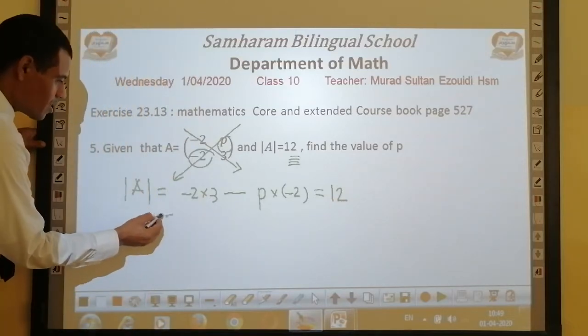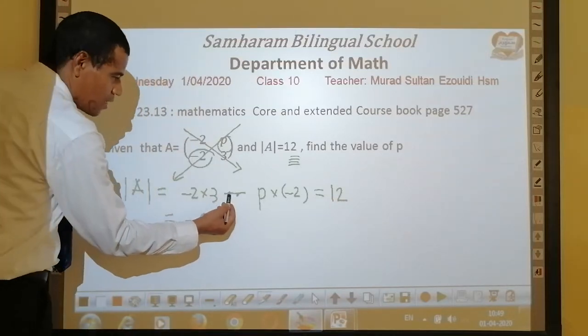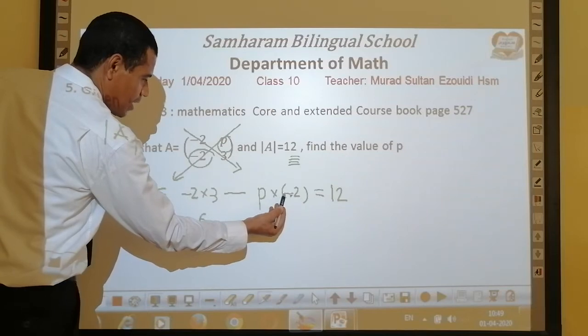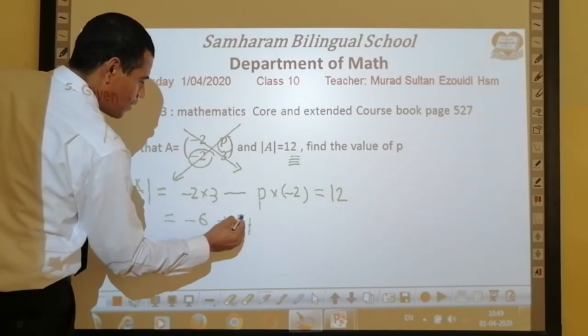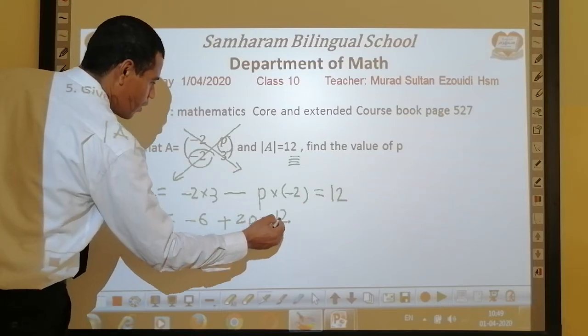So I will write -6, and negative B multiplied by negative is positive, plus 2B, equals 12.